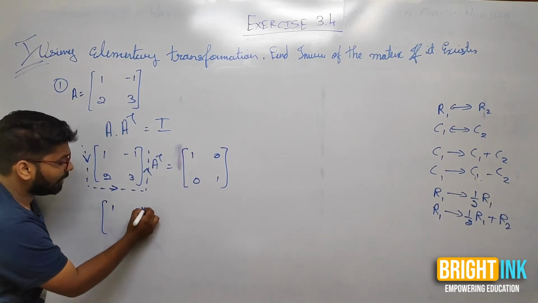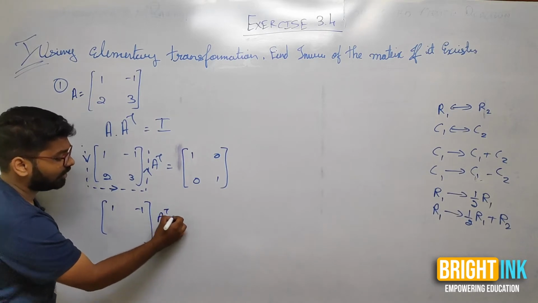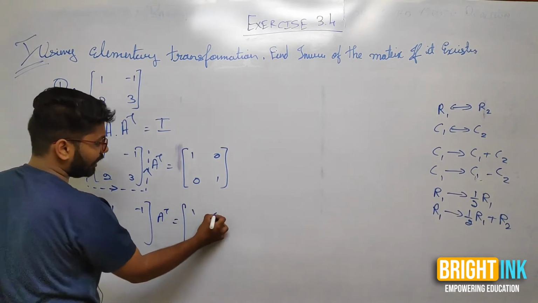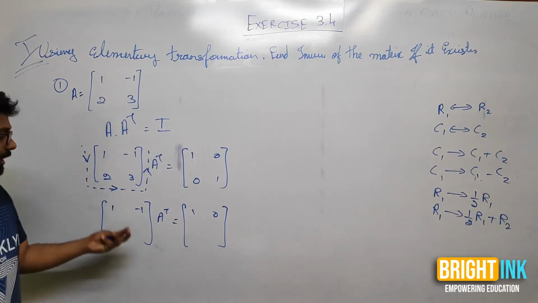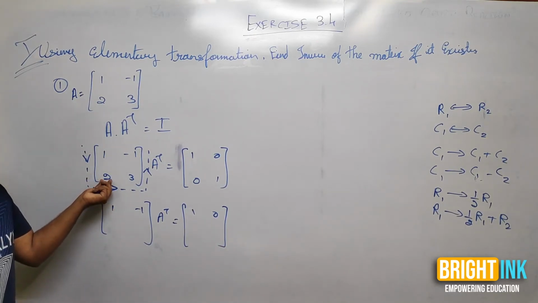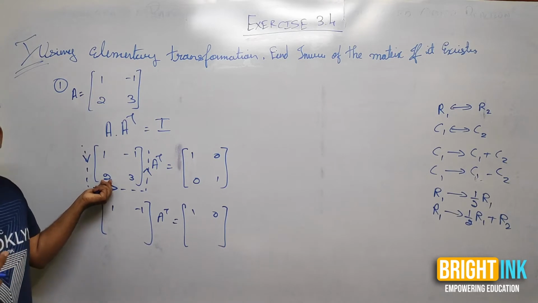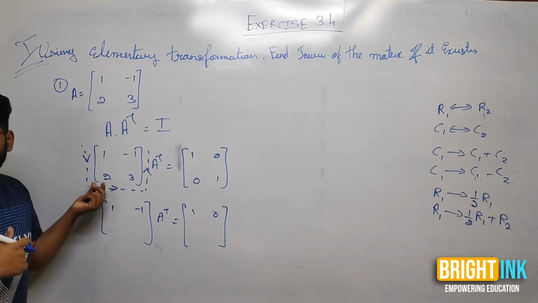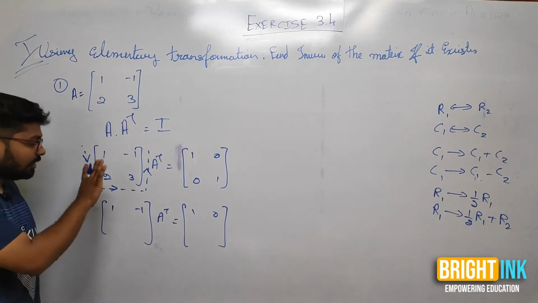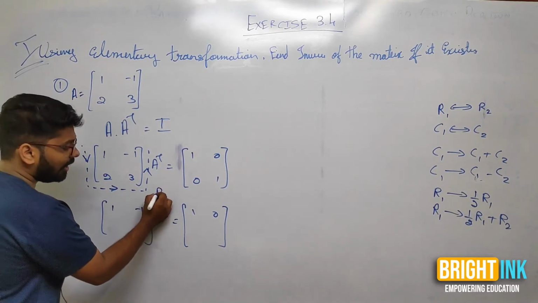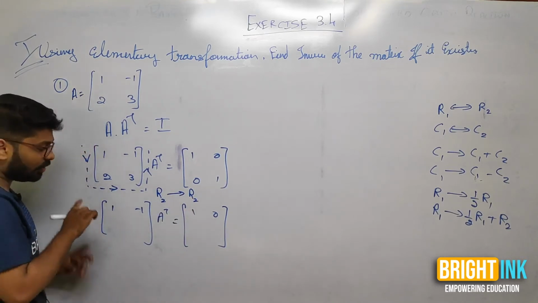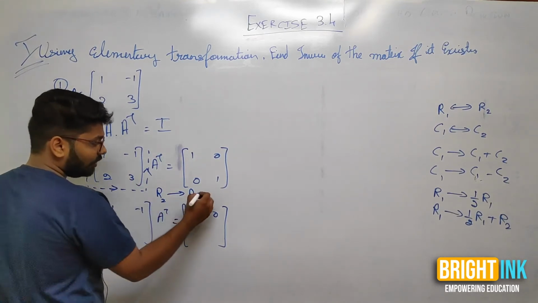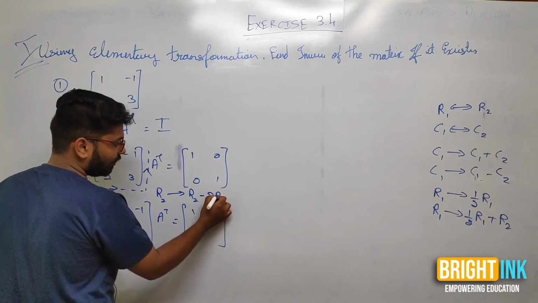So 1 minus 1 I'll write, and here also 1 and 0. Whatever work I have will be in row 2. Now what do I have here? 2. I want to change it to 0, because in the identity matrix the position has 0. So see what I will do: R2 changes to R2 minus 2 R1.